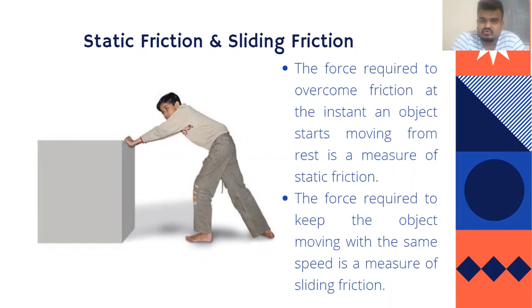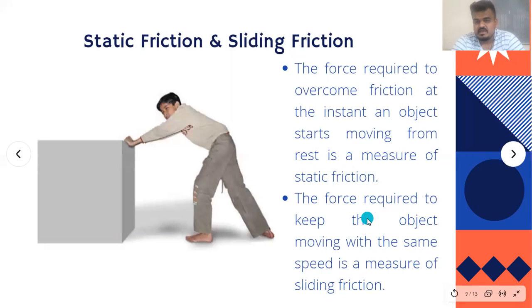The force required to overcome friction at the instant an object starts moving from rest is a measure of static friction. So this was the definition, and as I have already said, this is important.